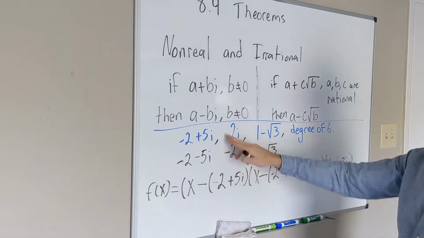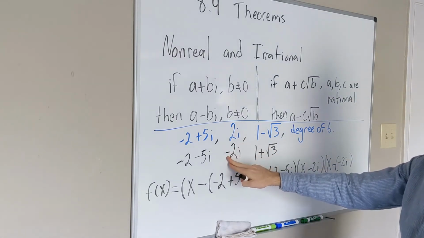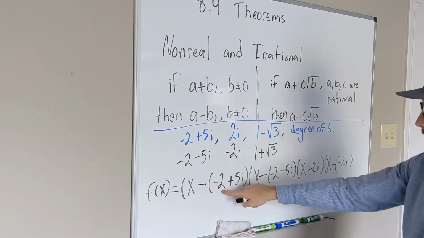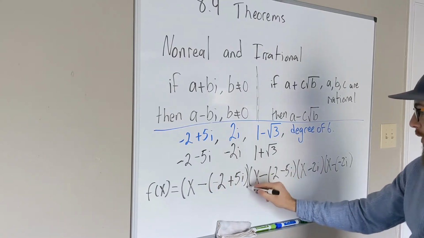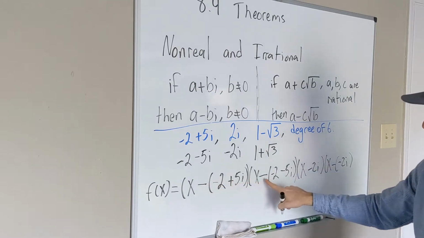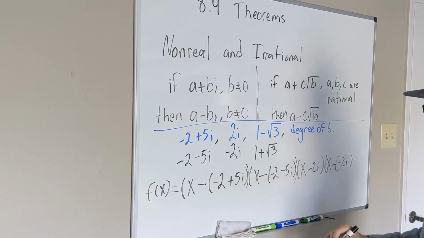So here, I didn't have to do x minus negative 2i. I could have done x plus 2. Here, I put the minus outside because I want you guys to see that you would have to distribute the negative. In both of these cases, you would have to distribute the negative.